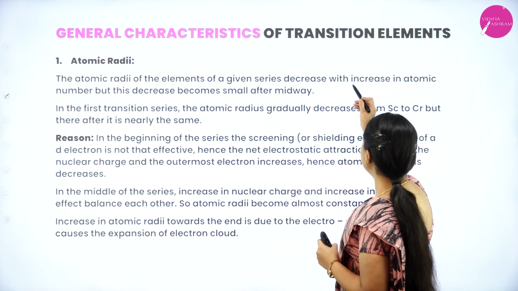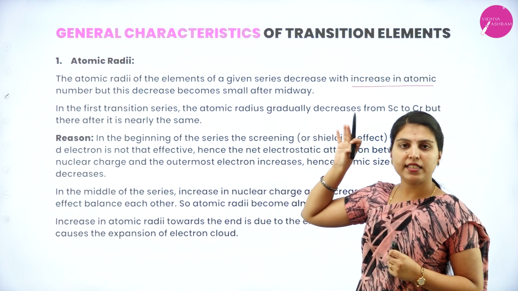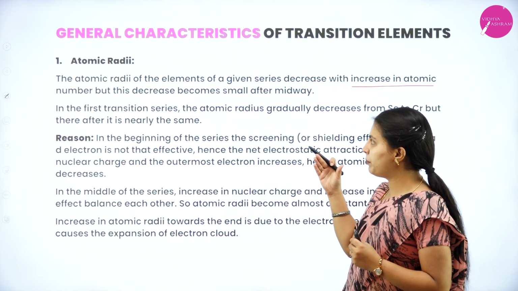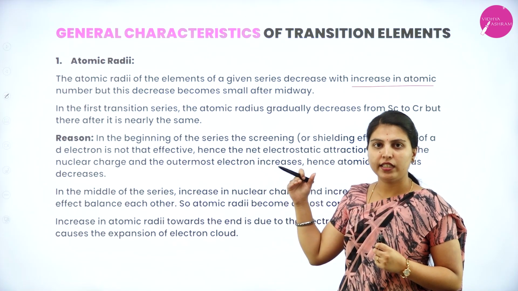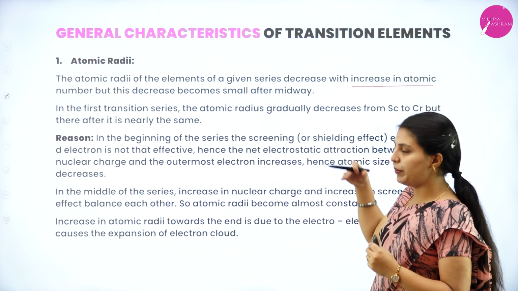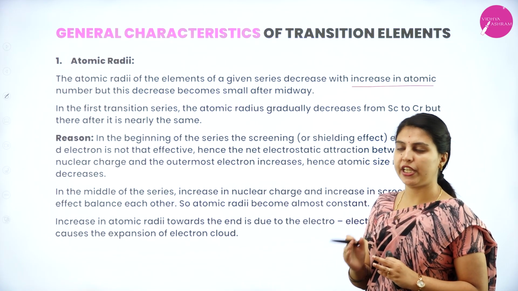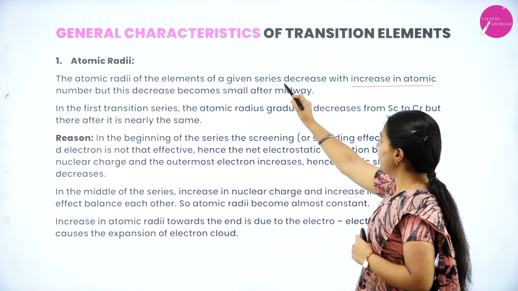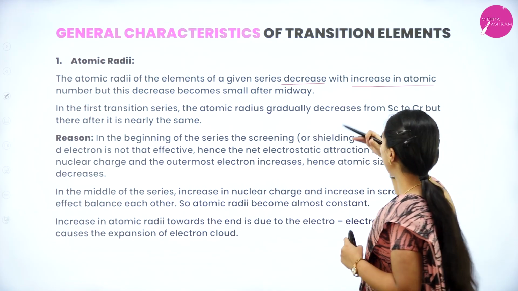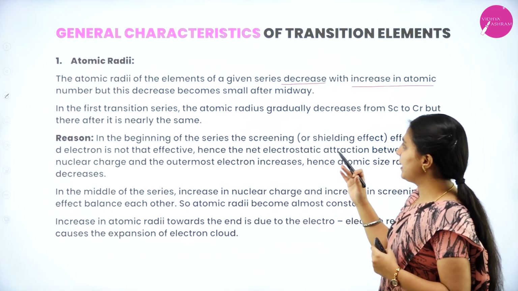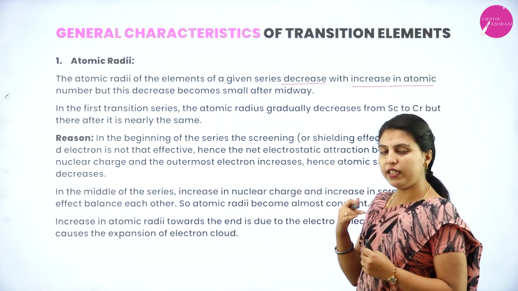Till midway it will follow this trend, and later the trend will change. Once again, the atomic radii of the elements of a given series decrease with increase in atomic number, but this decrease becomes small after midway.